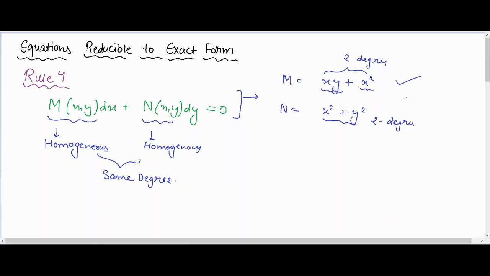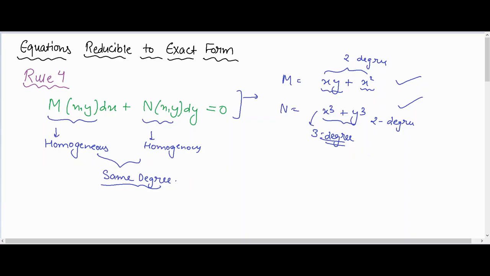So both of these are homogeneous, and now the condition is that both should have the same degree as well, right? And here we can see that they do have the same degree. If this was, let's say, x cube, then its degree would be 3, and then the degrees of M and N won't match.